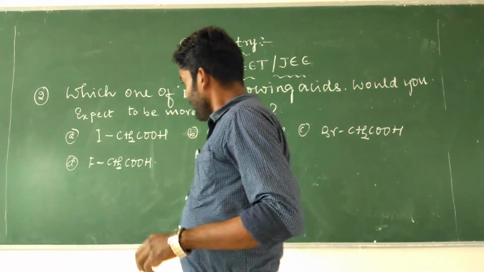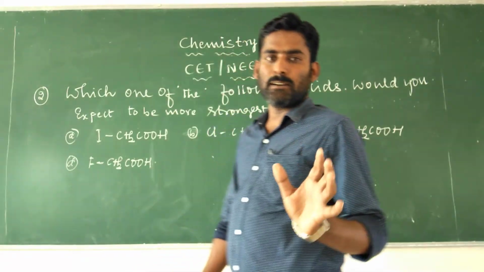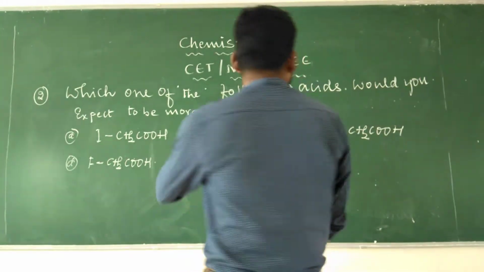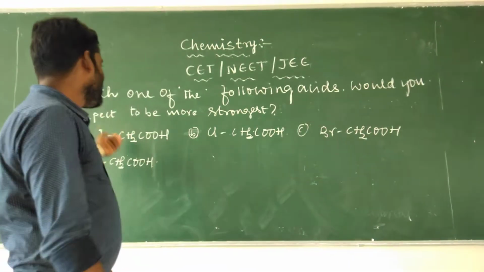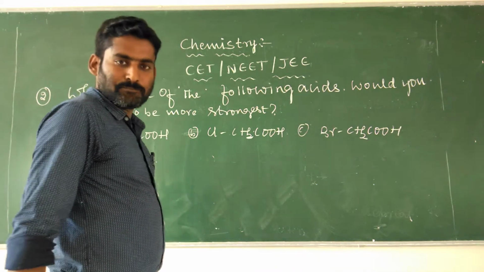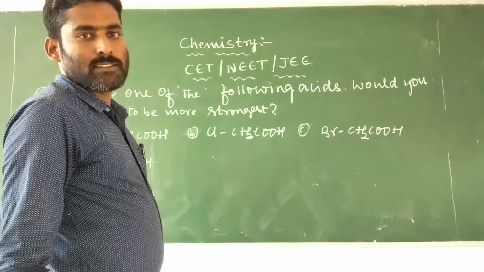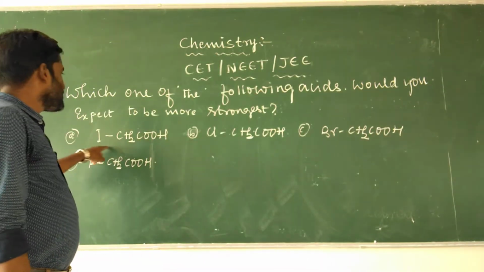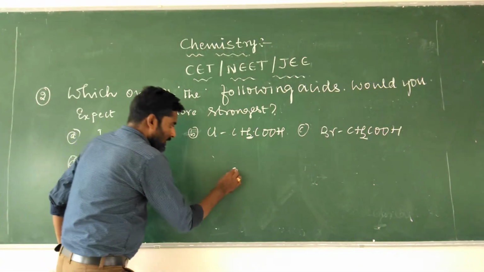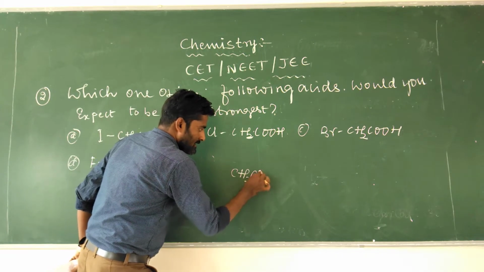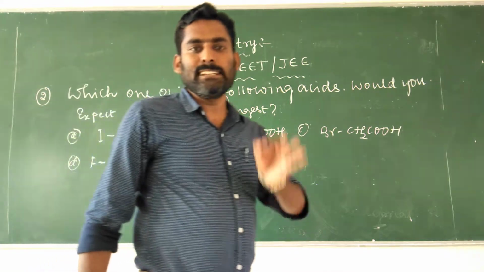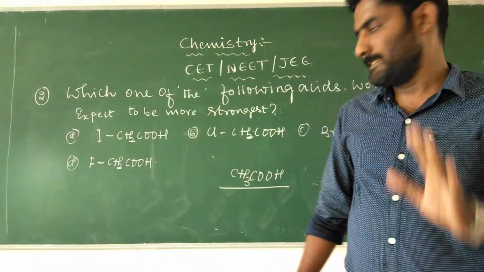Here one of the hydrogen atoms of acetic acid gets replaced by halogen atoms, that is iodine, chlorine, bromine and fluorine. So halogen atoms are introduced into the acetic acid.